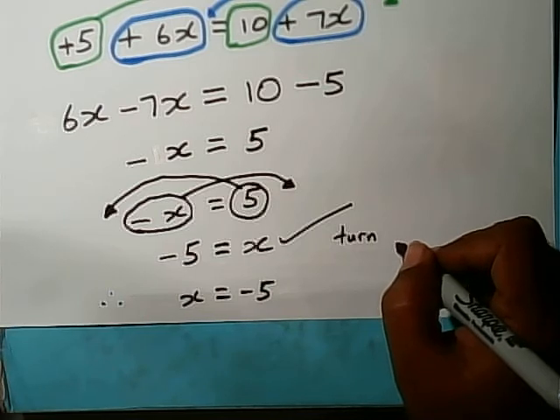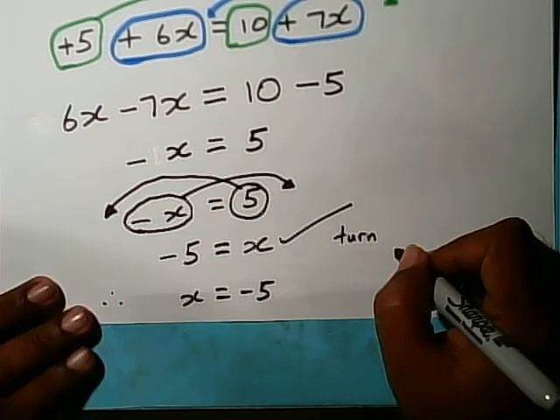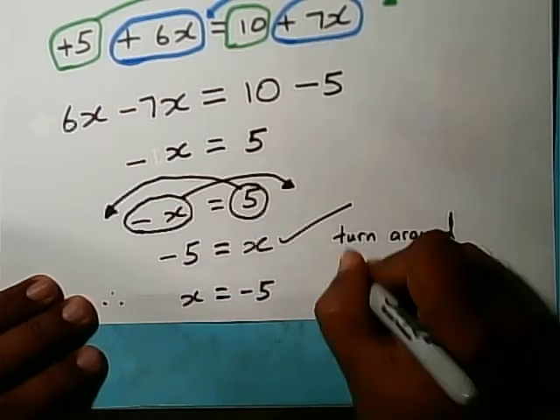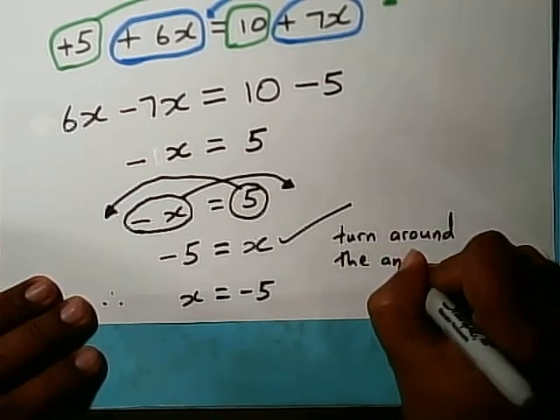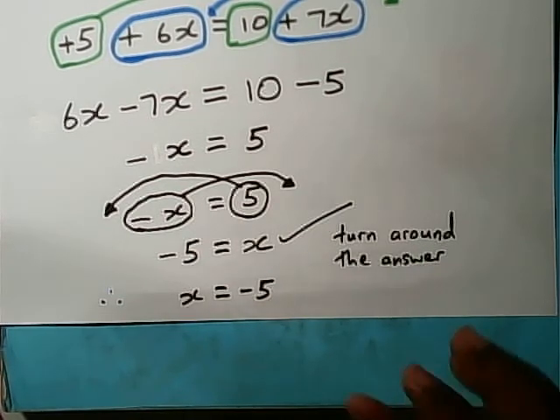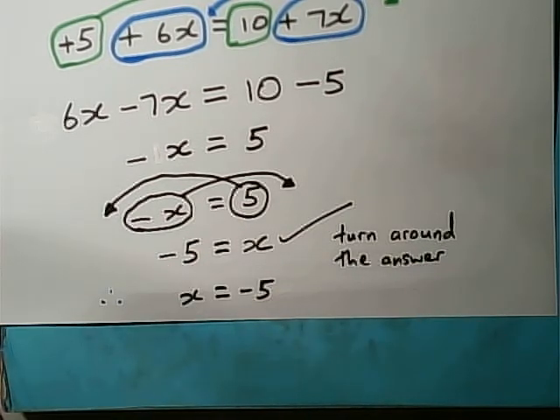So all you do is turn around your jersey. Okay? You turn around the answer. So a turnaround is different from moving or throwing the term over the fence. You just read it the other way. No change of sign. Alright.